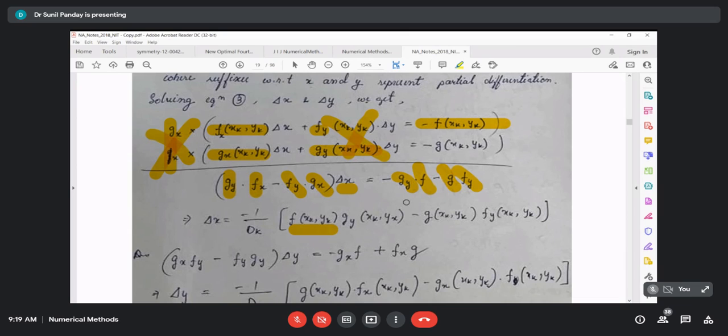Now we have written fy, gx, fx and gy in their full notation. Here we have f(xk, yk), then gy(xk, yk), minus gx(xk, yk) and fy(xk, yk).